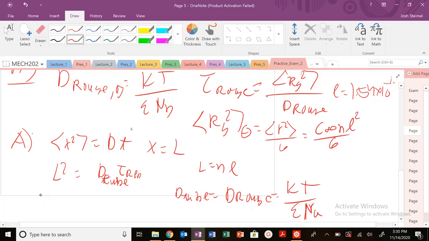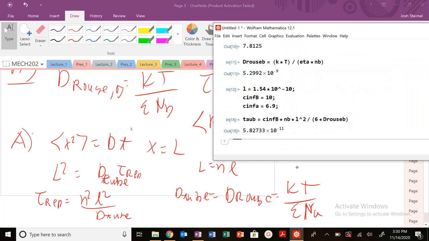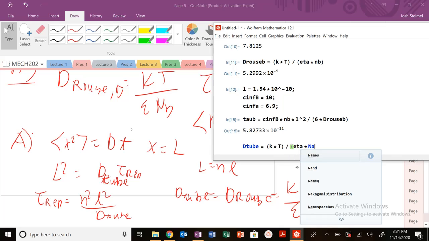So our tau reptation is just going to be equal to Na squared L squared over D tube. Let's calculate that out. Meters squared over meters squared per second gives seconds, which makes sense. So D tube is equal to kT divided by beta times Na.